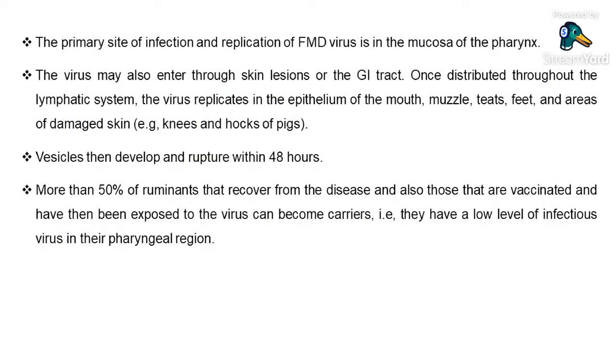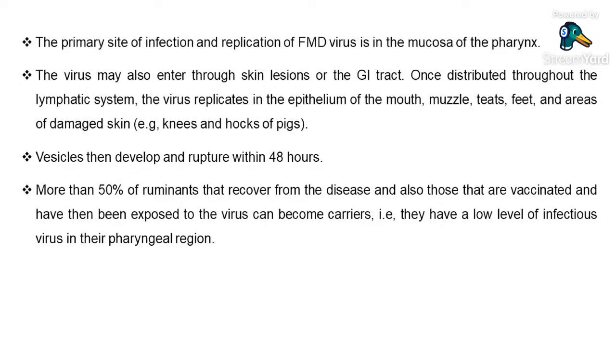The primary site which we are talking about, the replication, is the mucosa of the pharynx. From the pharynx, the primary site of infection and replication of the virus, the virus can get entry into the skin lesions or through the gastrointestinal tract. It can also enter the body that way.